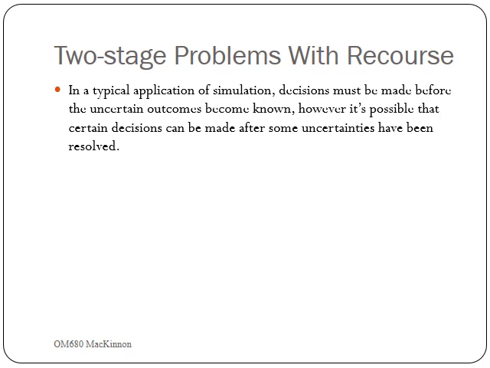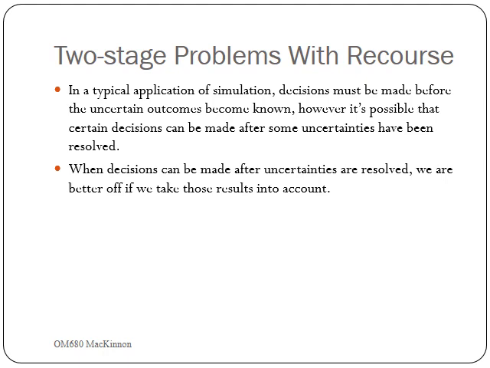In the sportswear case, we had to make a decision to buy things before we knew what the demand would be. However, if it's possible to put off some decisions for a little while, then sometimes some uncertainties can be resolved. And if we can do that, then we're better off to make those decisions later on.